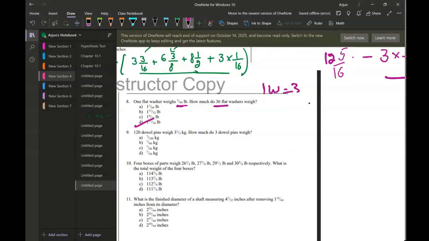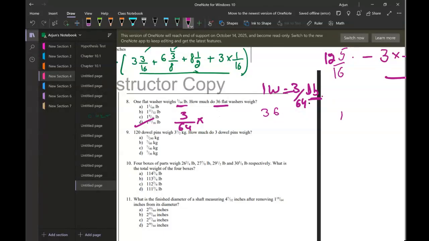One washer equals 3 over 64 lb, and I'm looking for 36 washers. So what I will do here is 36 multiplied by, because I'm looking for weight, I will write down the weight here, 3 over 64 multiplied by the washers.